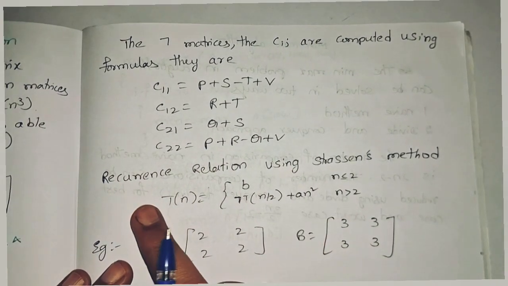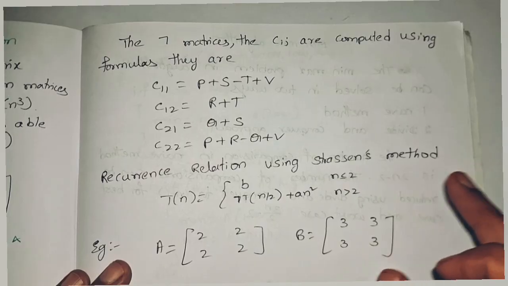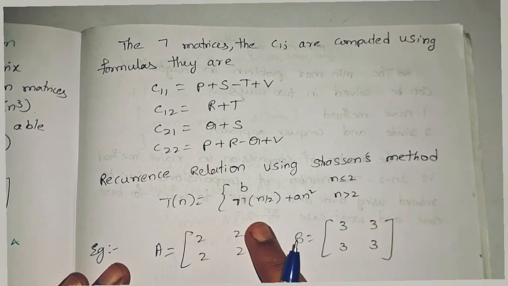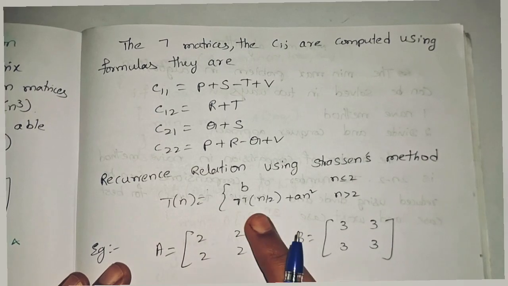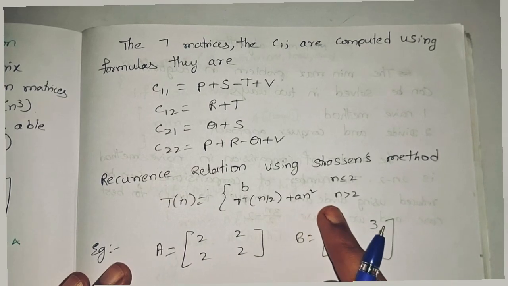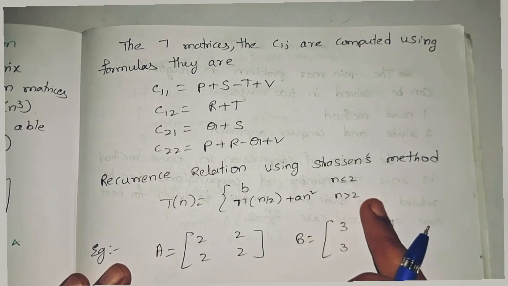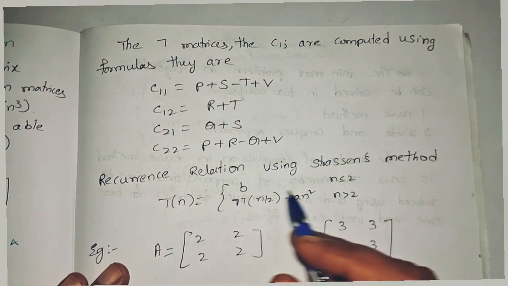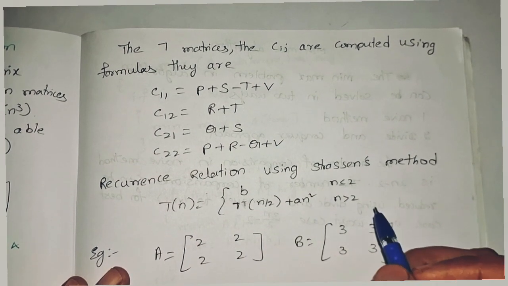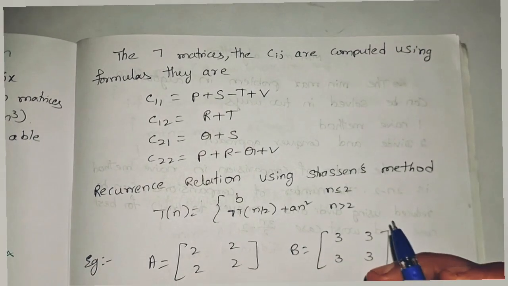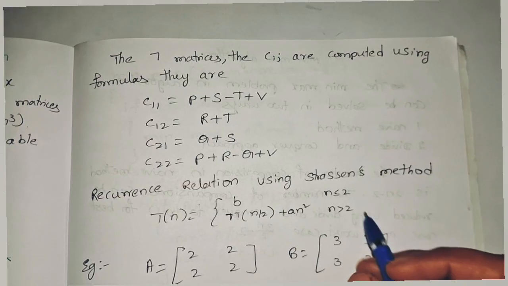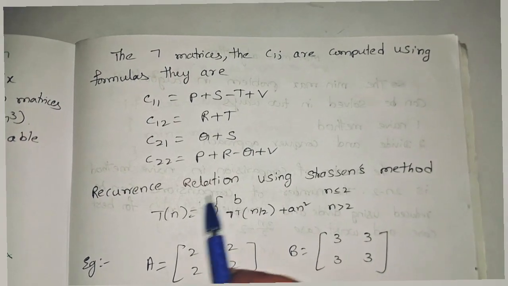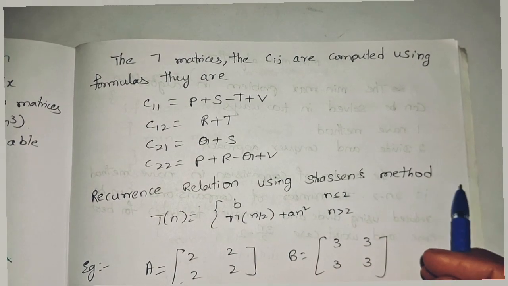The recurrence relation using Strassen's method gives this formula: T of n equals 7 T of n by 2 plus a n square, where n is greater than 2. If the number of elements in the matrix is big, that means if it is a 2 by 2 matrix or more, then we can use Strassen's matrix multiplication method.